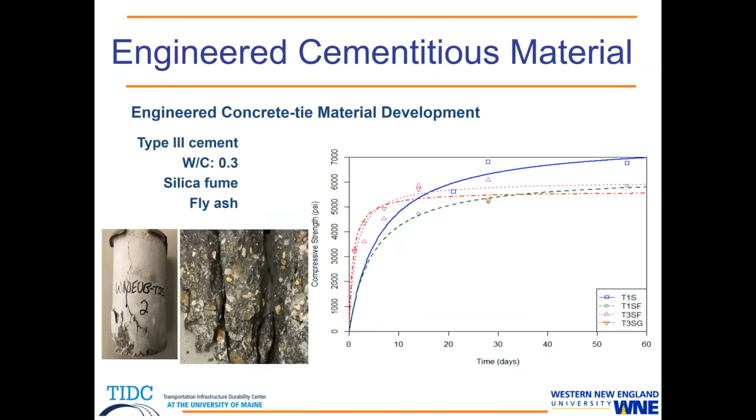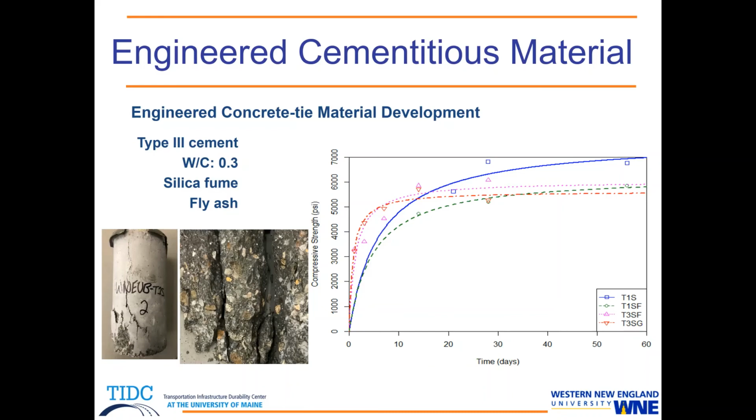Along with the numerical analysis, we've been trying to develop some engineered cementitious material, shooting for 10,000 psi compressive strength concrete, which can increase the bond, or try to develop durable bond mechanisms. We were able to develop up to 7,000 psi concrete with aggregates locally available.